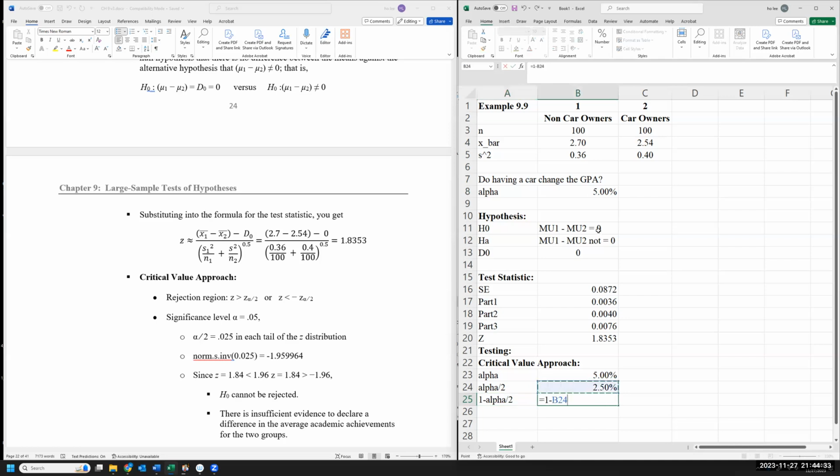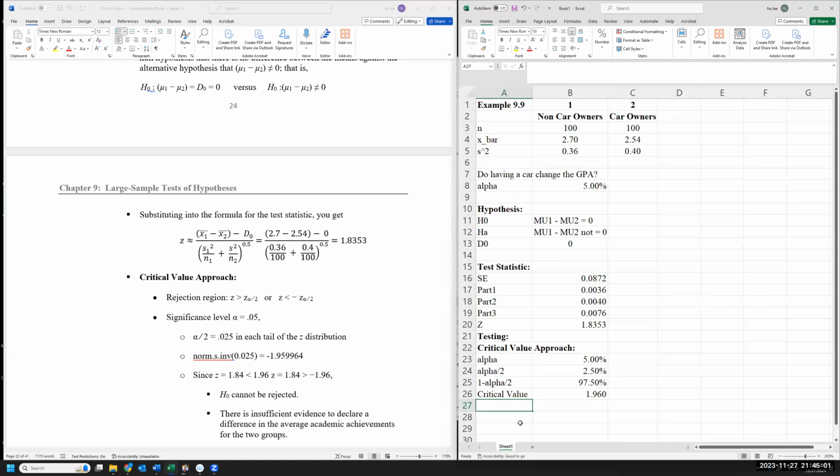This is equal to 1 minus that. And then here we could calculate the critical value with norm.s.inv, the cutoff that creates 97.5% to the left and 2.5% to the right. Is that number.